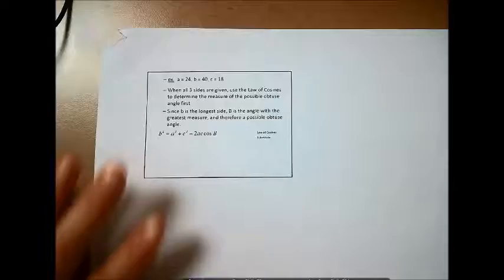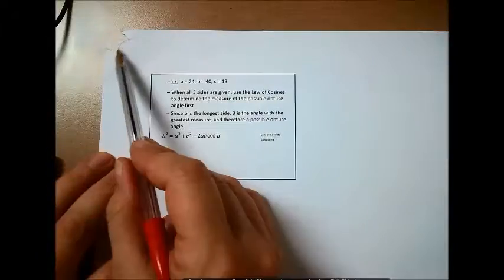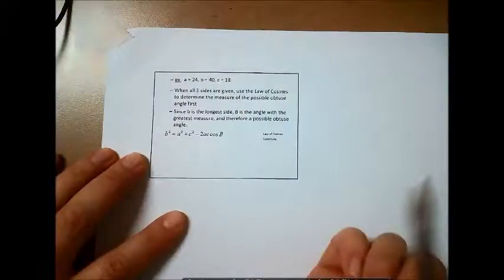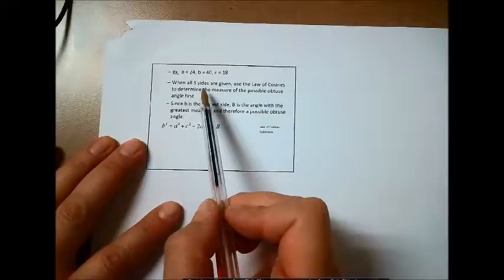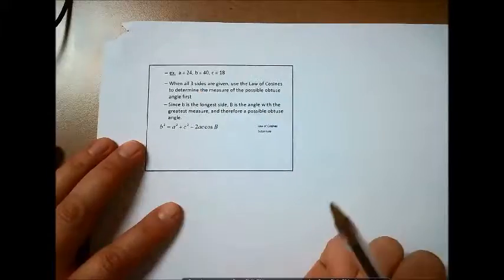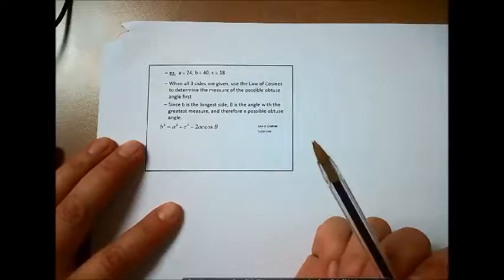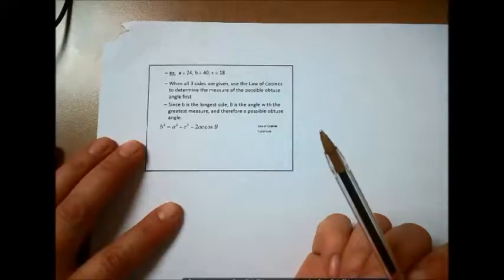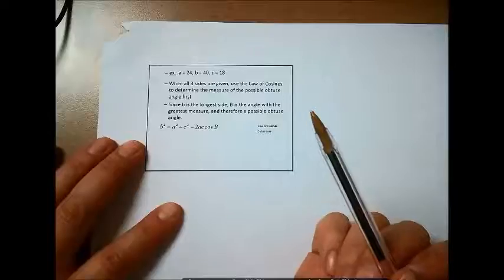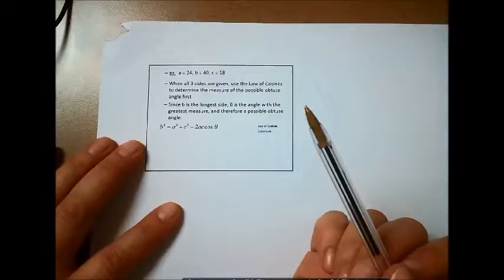If all three sides are given, you're going to use the law of cosines to determine the measure of the possible obtuse angle first. Now you might remember from geometry, you might not, that the biggest side is across from the biggest angle. So we're going to put the biggest side over here so that we find the biggest angle. Okay?